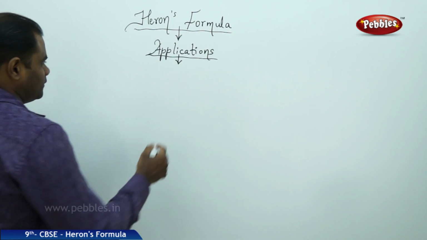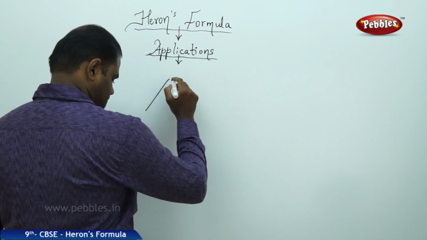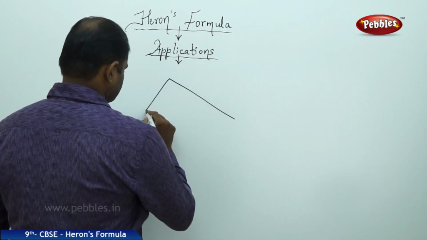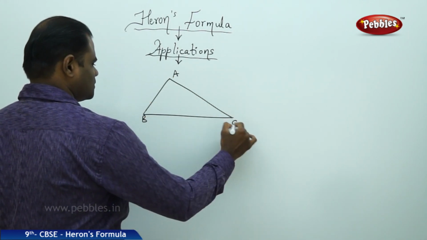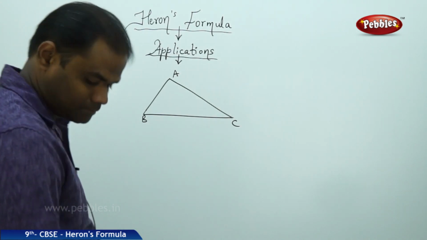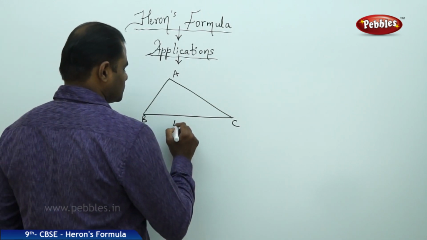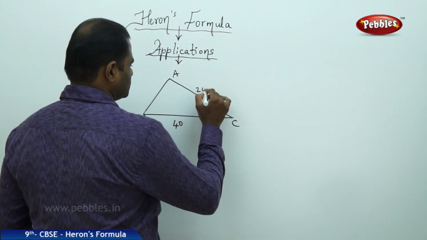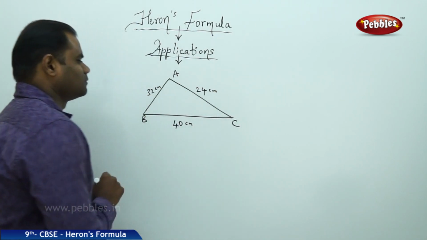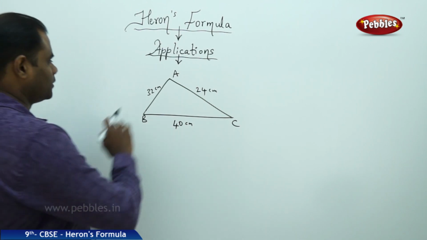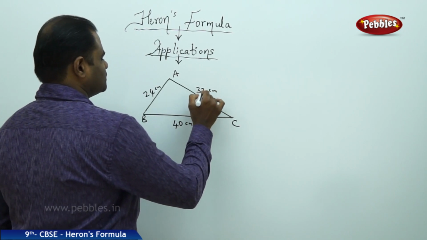So for example, I have a triangle ABC in which I have the dimensions 40 centimeters, 24 centimeters and 32 centimeters, where here it is 24 and here it is 32.